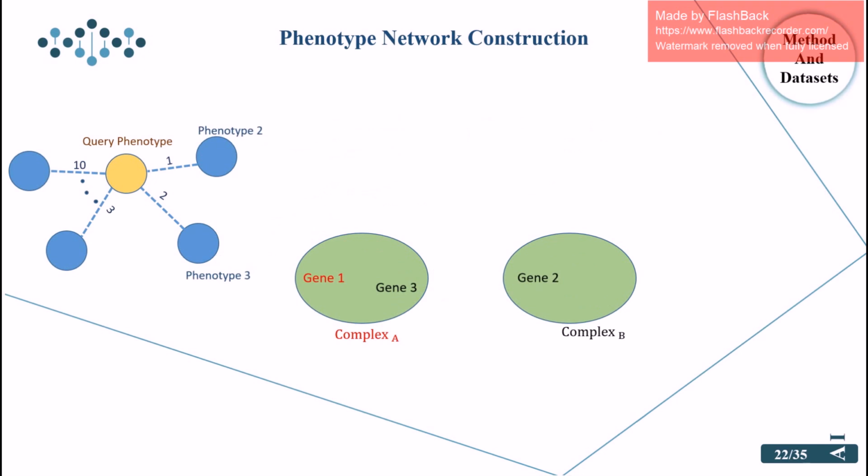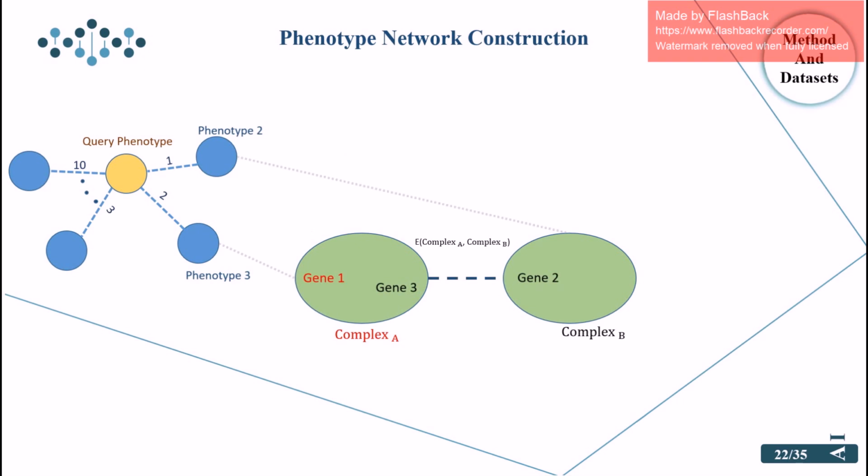If the genes that are related to our query phenotype and the genes that are related to the phenotype which we want to see if it's suitable to be considered as a neighbor belong to the same complex, we choose that phenotype as a neighbor with the highest degree, which is 1.